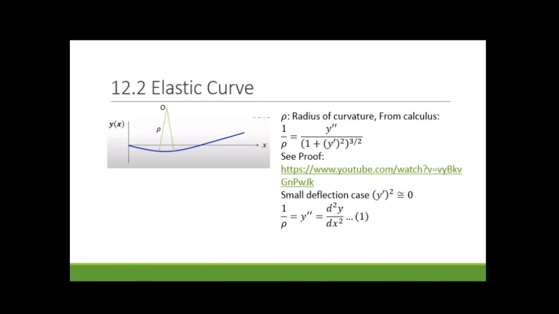We don't assume that, but we can assume that y prime squared is relatively small, so we can eliminate this term, and therefore the bottom side of our function becomes 1. Therefore, 1 over rho is equal to y double prime, in other words, the second order derivative of y with respect to x.